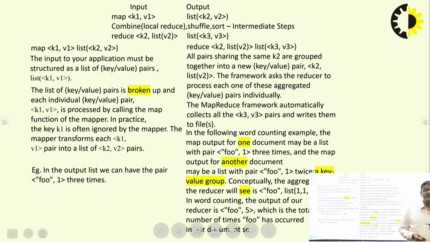Conceptually, the aggregated pair that the reducer will see is a pair of key and a list of values, which will be foo comma list of 5 ones. So in word counting, the output of our reducer will be foo comma 5, which is the total number of times foo has occurred in the key value pairs.